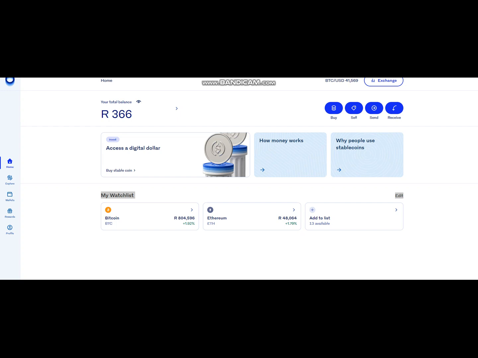Let's start at the beginning. First, I transferred 1,000 rand into my Luno account. From there, we deposited 500 rand to the BitMEX account, and this is the new current balance.